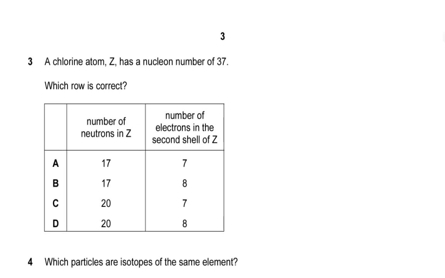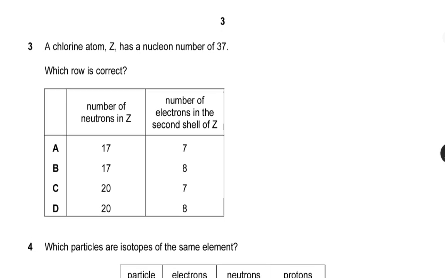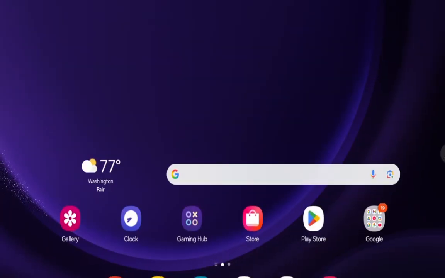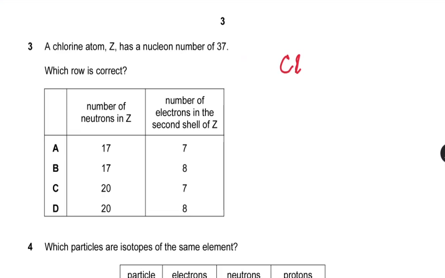Now, question number 3: a chlorine atom Z has a nucleon number of 37. Which row is correct? As we know, chlorine has 17 electrons. You can use the periodic table which is given to you in the exam, at the end of the paper. So a chlorine atom has 17 electrons and 17 protons.